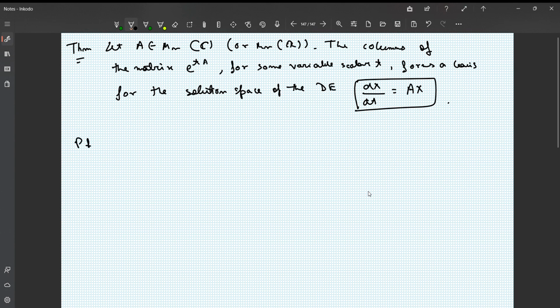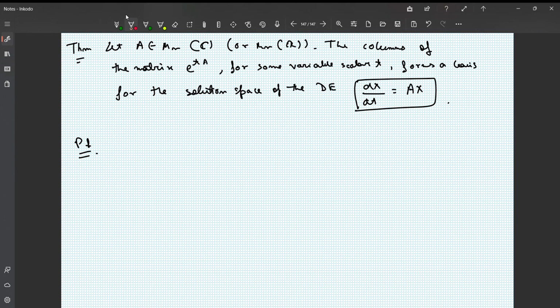So, proof. Recall the second statement of the first theorem we had.